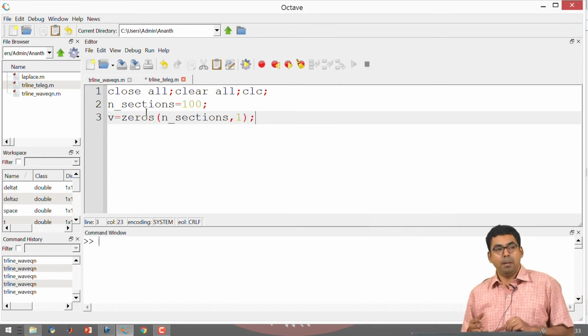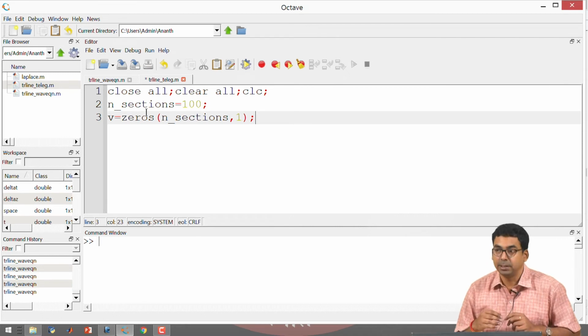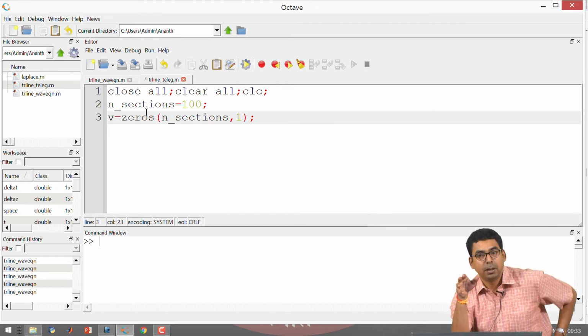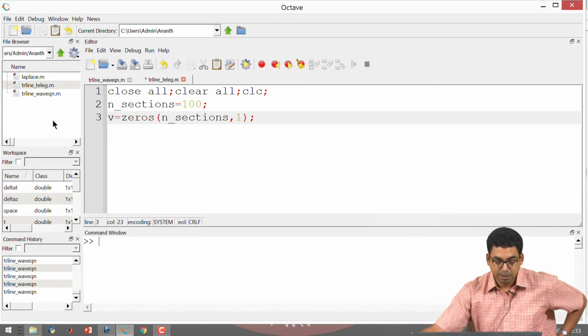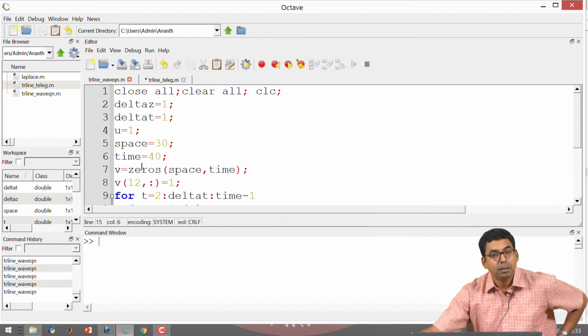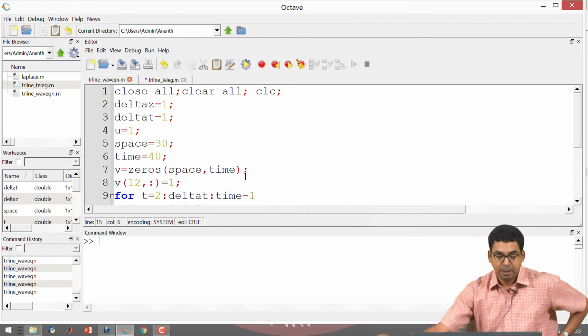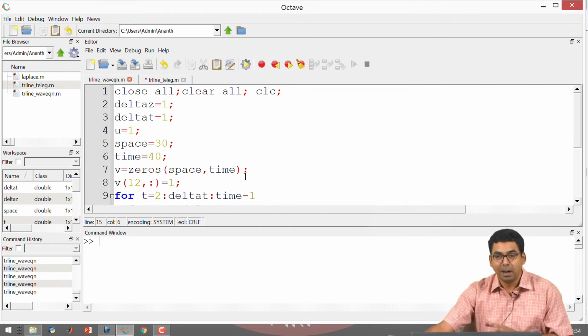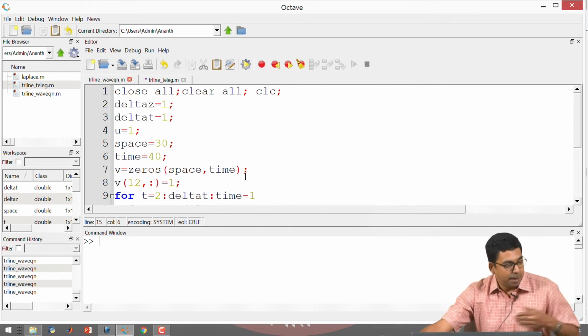Now, I am making a slight change in the strategy. Previously, with the voltage in Laplace and the wave equation, especially in the wave equation, we tried to use two dimensional matrices. It consumes more memory than doing a one dimensional one.